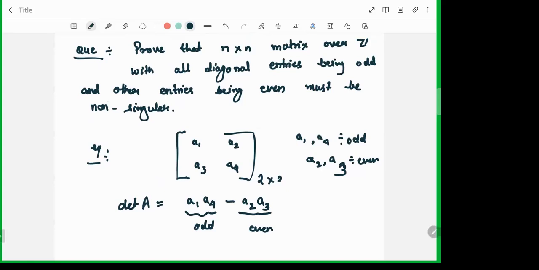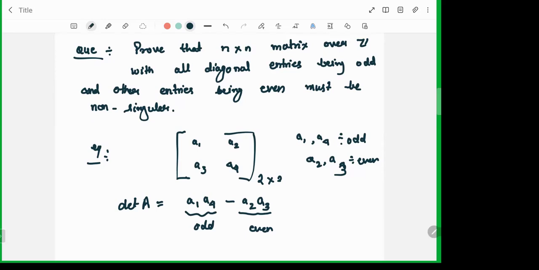Suppose that this is true for n minus 1, and we need to prove it for n.